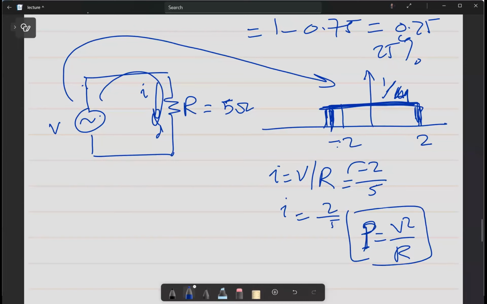I like sometimes to forecast something that we're coming to, and just throw out some ideas or some questions, so I need you all the time to think with me also. So if V squared divided by R, how will the power be continuous? Of course, we don't have negative power. So how will the shape of the power be in this case? Keep this question in mind until we come to it later.